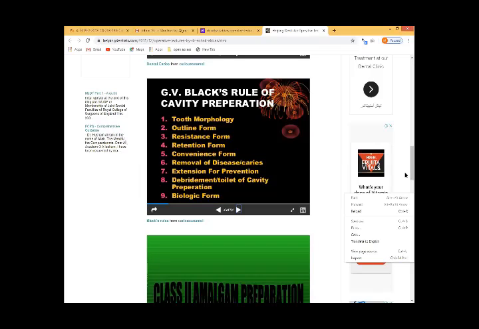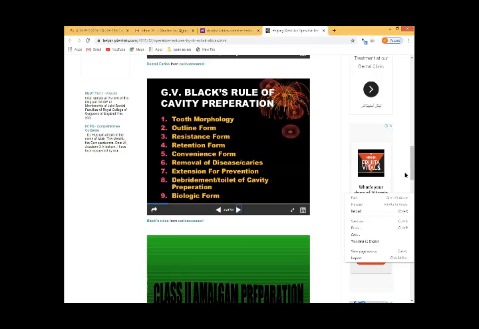We will make the corners round, as the basic principle is that it will be almost round. So now the cavity outline form on the proximal surface is wider at the lower side, from the cervical margin, narrower at the mesial marginal ridge or the distal marginal ridge on the occlusal side, and straight from the buccal and lingual aspects.